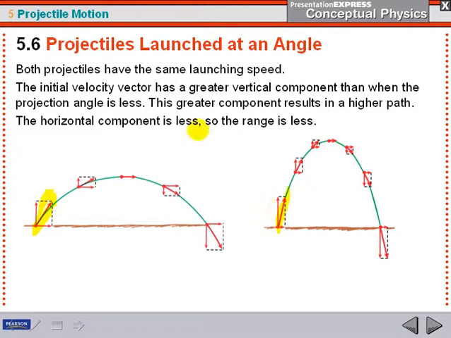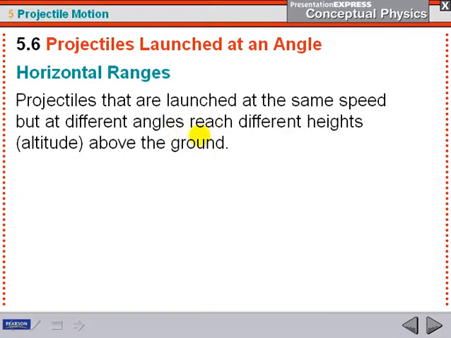And if you notice, the one that has the greater component in the horizontal is going to have a further range in this case. This one has a very small horizontal range. This one's got a very large one. You can see this one travel a much further distance horizontally.